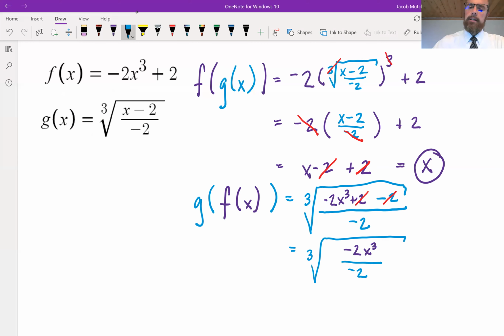Negative 2 divided by negative 2 becomes 1. And this now equals the cube root of simply x cubed. And at that point, I also see that the cube cancels with the cube root. And this one, like our previous example, also yields the value of simply x.